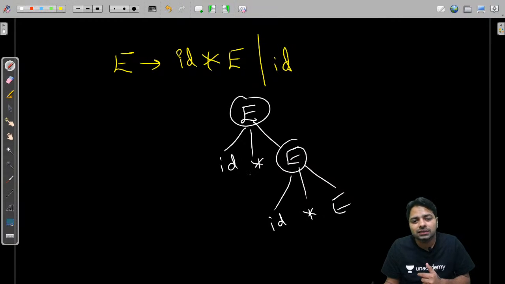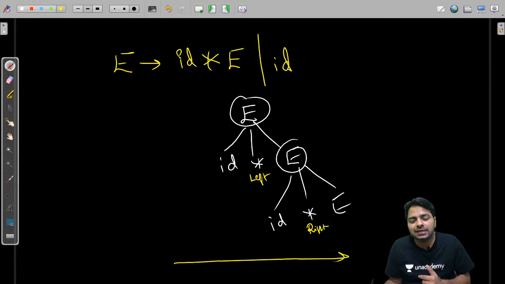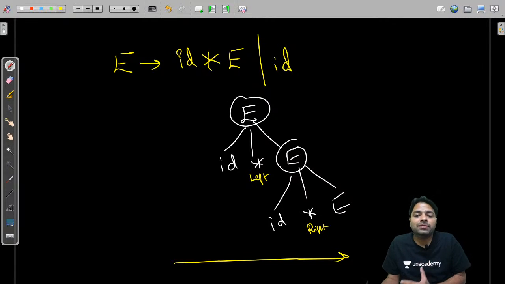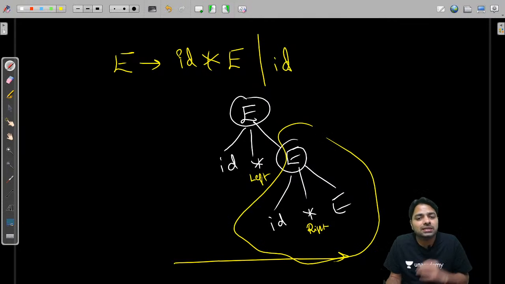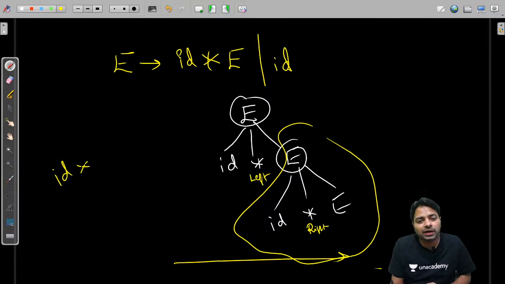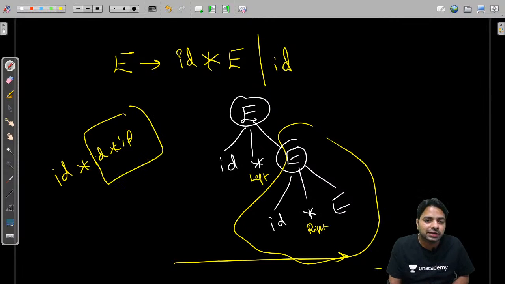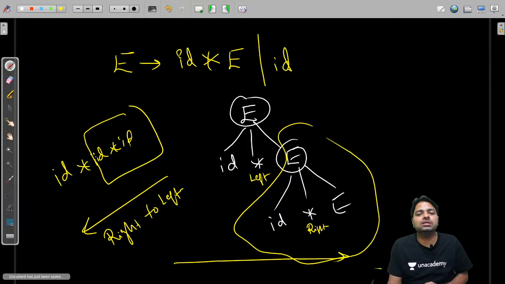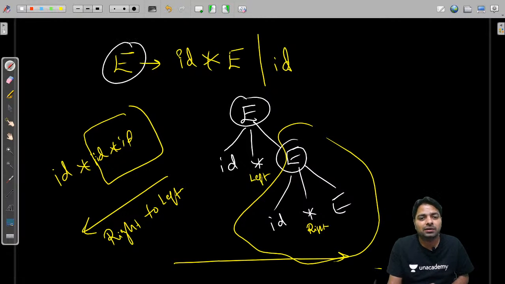So now look at, this is the left operator, this is the right operator. When you are writing a string, the first star comes left, the second star comes right. Which star must be evaluated first? The second star, that is the right star. So we say it is right to left associativity. When you are writing ID star ID star ID, then definitely the right one should be evaluated first at runtime. So it follows right to left. Then how do you know that it is right to left associative? Because you have a right recursion in the grammar.